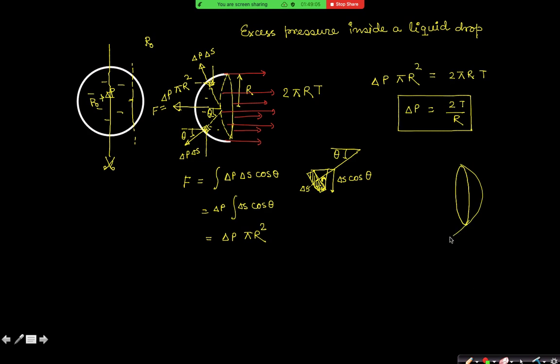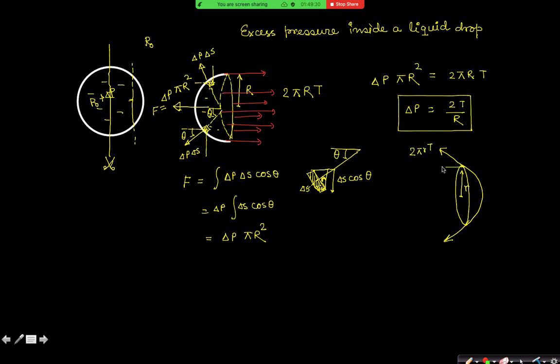So the surface tension forces are acting tangential to the surface here. Yes or no? Yes. So these forces, this surface radius is r. So this is 2 pi r T.